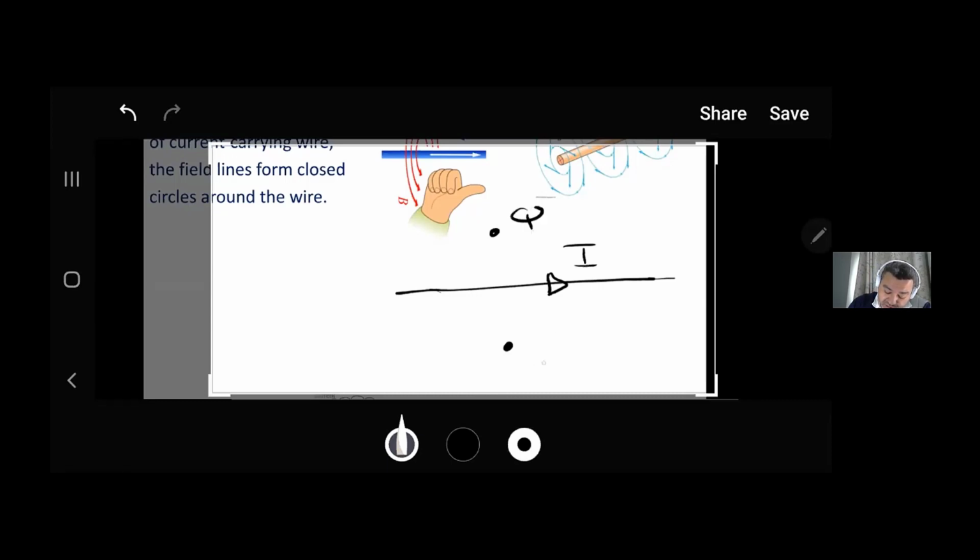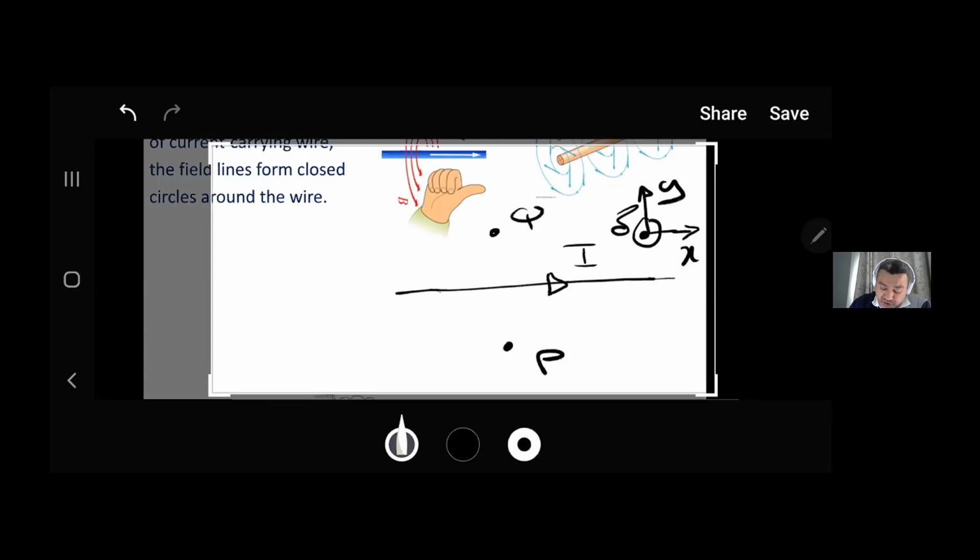So this one is Q and this one is P. Both point Q and point P are in the XY plane. What are the directions of the magnetic field at the point P and point Q?